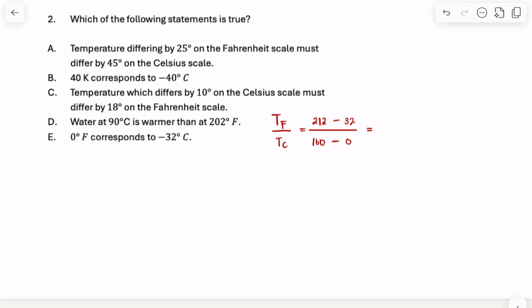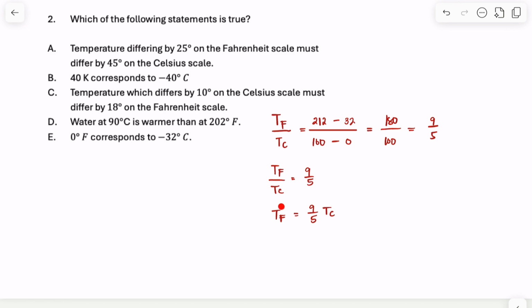If you take the ratio, you end up with 212 minus 32, which is 180, over 100. That's your 1.8 or 9 over 5. So the temperature in Fahrenheit over the temperature in Celsius is simply 9 over 5, or T Fahrenheit is 9 over 5 of the temperature in Celsius.